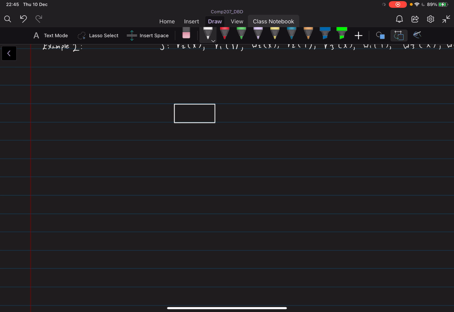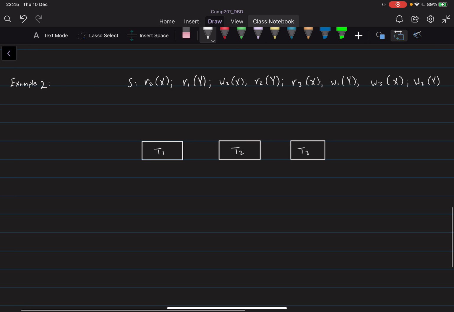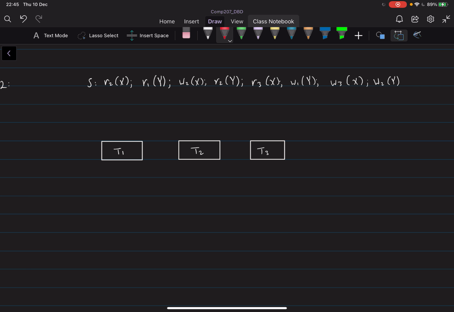Let's call this T1, and let's have T2, and let's also have T3. And of course, we start the probably boring comparison. Okay, R2 on X, let's see.